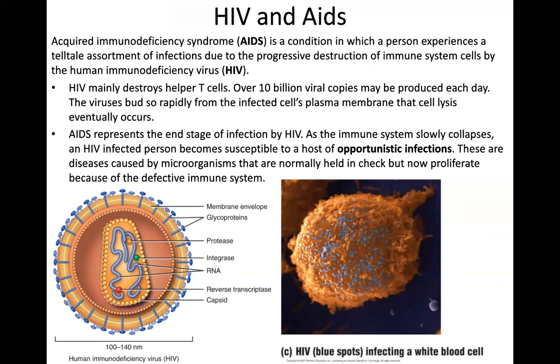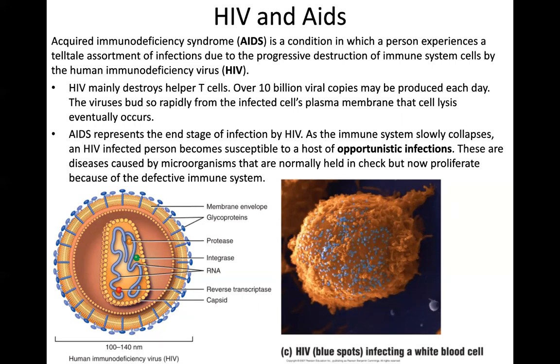So HIV is also an abbreviation, which is short for the actual virus, which destroys our helper T cells. Once in our body, it targets those helper T cells, and over 10 billion of those viral copies can be produced each day, and they bud so rapidly from the infected cell's plasma membrane that the cell dies or lyses, it breaks open, releasing all those viral copies.